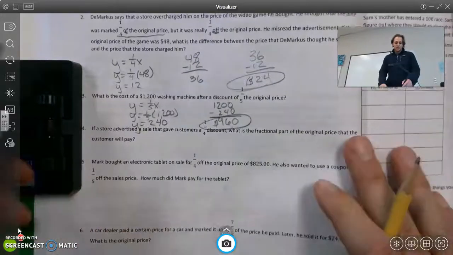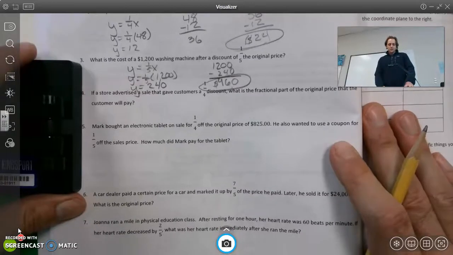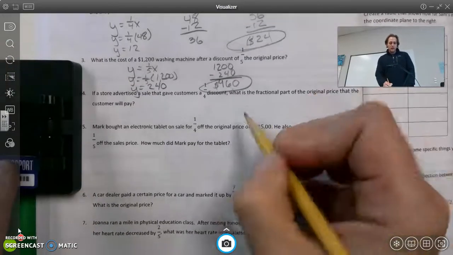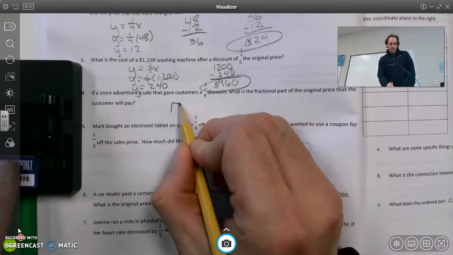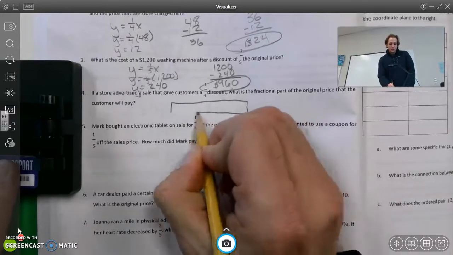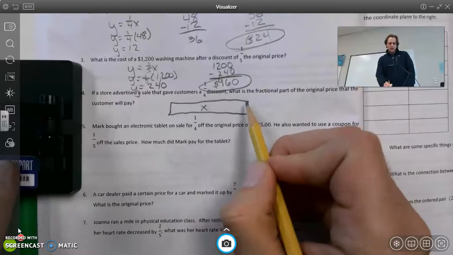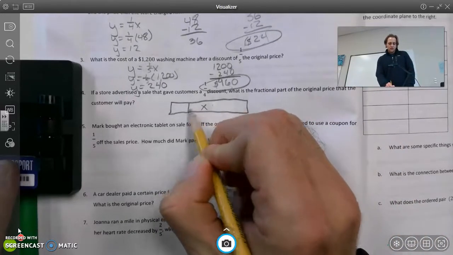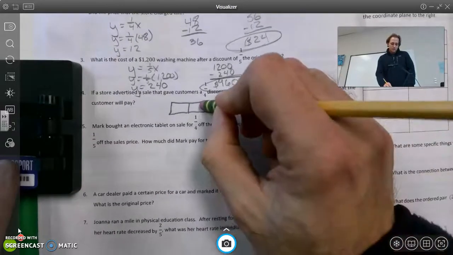Alright, number 4. If a store advertised a sale that gave a customer a 1/4 discount, what is the fraction of the original price that the customer will pay? This is good. In the last lesson, we looked at, what if we were to draw this out? What if the original price is X and a store gives a 1/4 discount? So it's going to take this whole amount and break it up into 4 pieces.